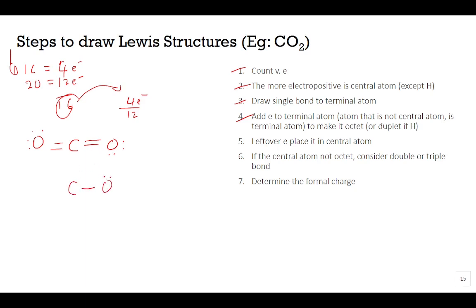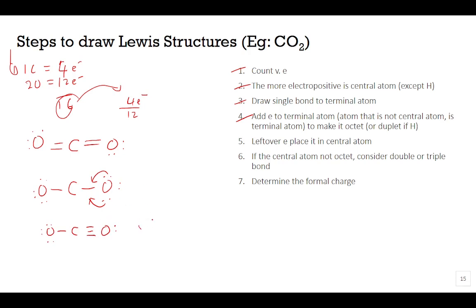But this is not the only configuration that it can have. You can also transfer from the same oxygen, so it will become like this. This one is also correct.